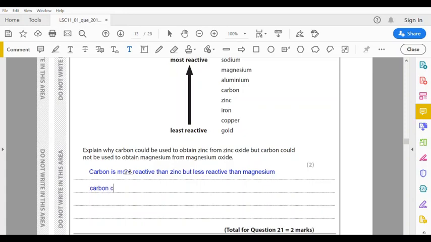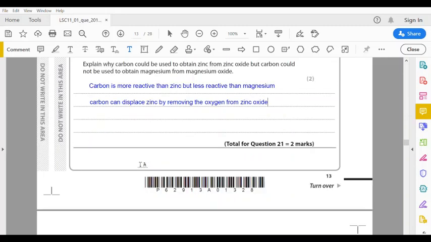Carbon can displace zinc by removing the oxygen from zinc oxide. Or you can say carbon cannot displace magnesium by removing the oxygen from magnesium, because magnesium oxide is given and zinc oxide is given.